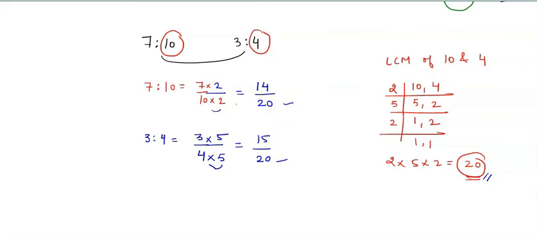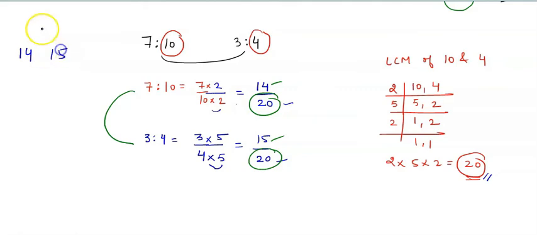Now what we have to see to find which ratio is greater: the denominators are equal, right? So what we are left with is the numerator part, and you know that we look at what is in the numerator, right? 14 and 15. You can easily tell whether 14 is greater or 15, right? 15 is greater.